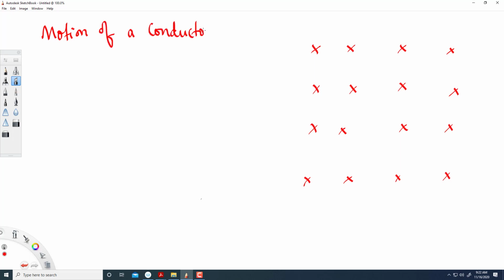So let's say we have a magnetic field. This means the magnetic field is pointing into the board or into the screen. This is the motion of a conductor in a magnetic field.